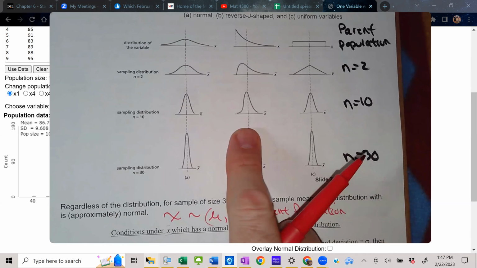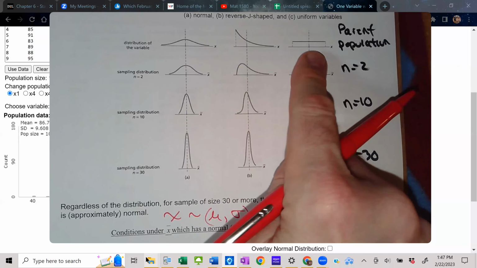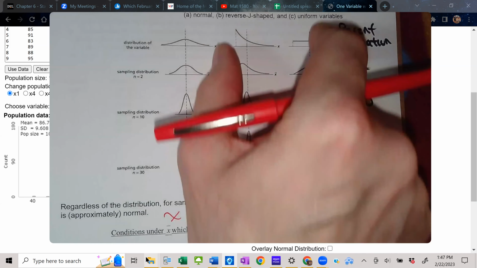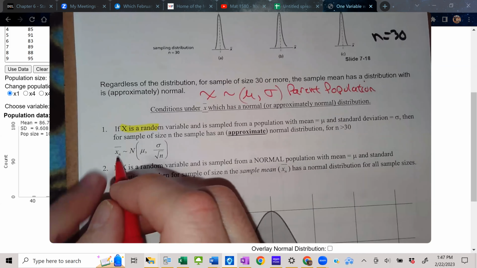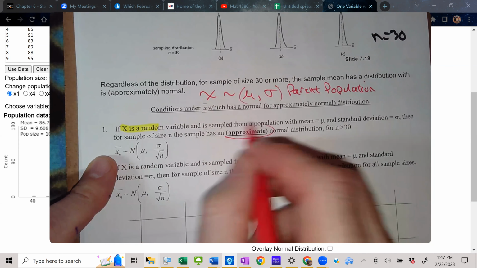This graph showed us two things. The first thing it showed us is that no matter what distribution you start out with, if your sample is big enough, then the sample mean is going to have a normal distribution, or at least an approximate normal distribution.